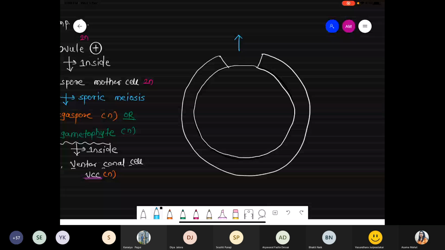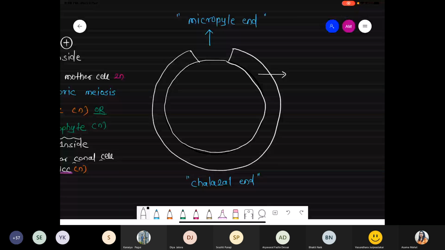We have drawn one layer here, this one in white color. So this layer is nothing but the integument layer. Integument. And if only a single layer is present, single integument, that's why this is called the unitegmic condition.